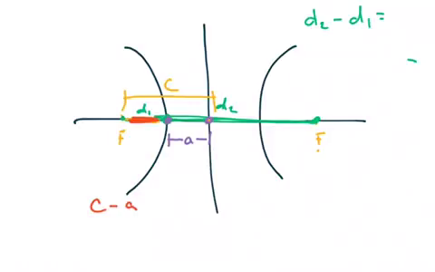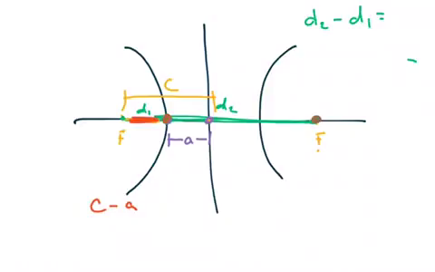So what does that mean? Well, keep in mind, D2 is this distance, let me do this in a different color. Let's go with brown.